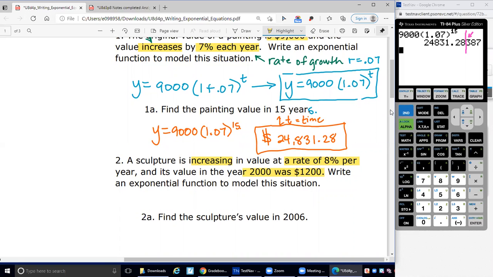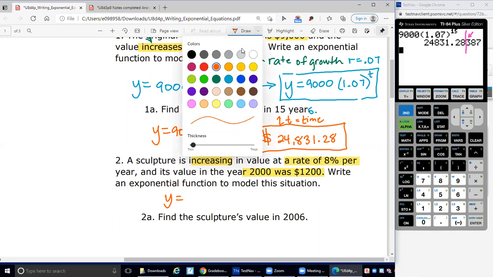So let me select. Who's the last person I spoke to? Oh, it was Aaron. Let me talk to Sophia. Today's your day, ma'am. Go ahead and share with me. If you don't feel comfortable writing the whole equation, share with me what variables you think the different numbers could possibly be.